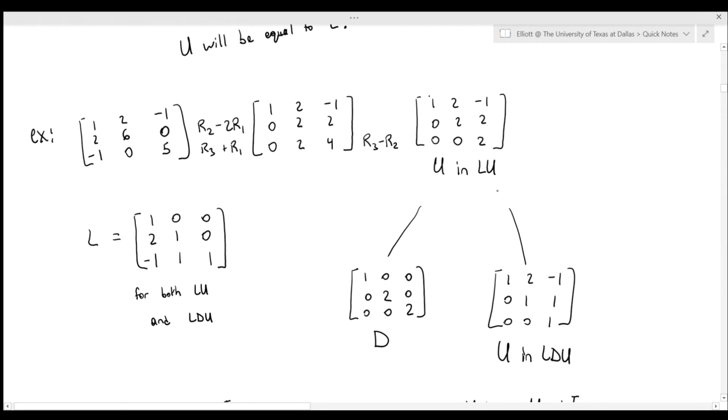That's where that step breaks down. And so you won't be able to get a U with ones along the diagonal for the LDU factorization. That's why I put that requirement for A to be invertible as well.